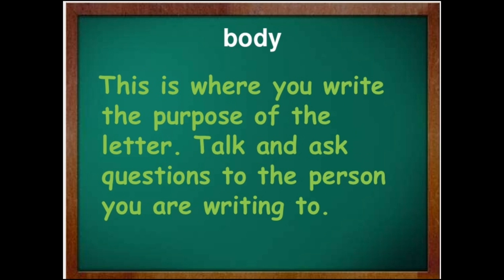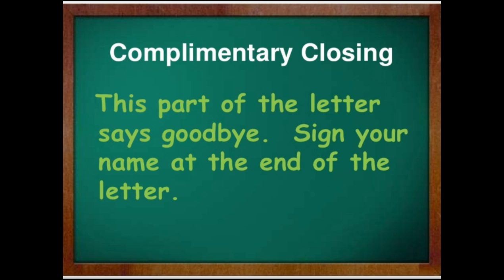It means the objective, why you are writing this letter. The purpose of the letter: talk and ask questions to the person you are writing to. Complimentary closing. This part of the letter says goodbye. It means you finished your letter. Sign your name at the end of the letter.